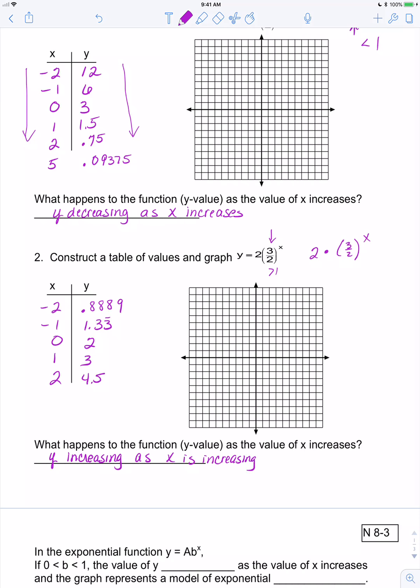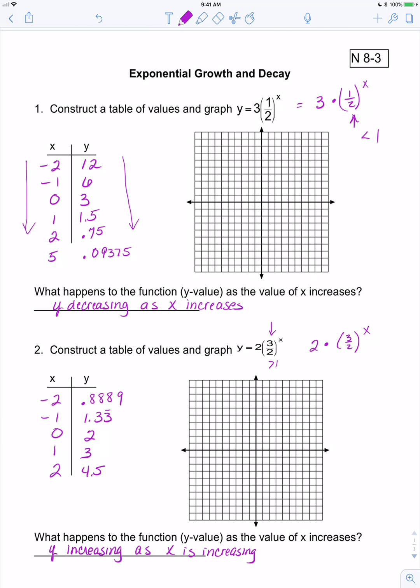Oh, and we didn't graph these. We can graph these. I'm sorry. So -2, 12. -1, 6. 0, 3. 1, 1.5. 2, 0.75. It's going to be off the charts for the first ones.